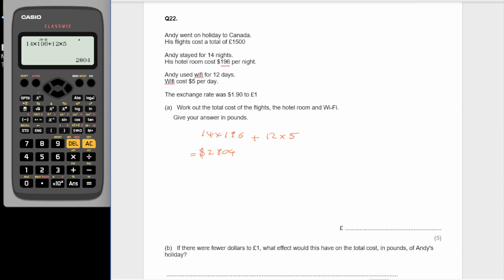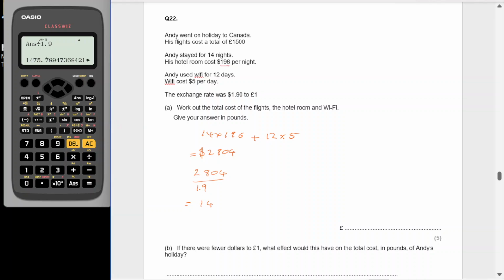The exchange rate was $1.9 to pounds. So if we want to go from dollars to pounds, we need to divide by the exchange rate. So we need to do 2,804 divided by 1.9. So the amount of dollars is divided by 1.9.